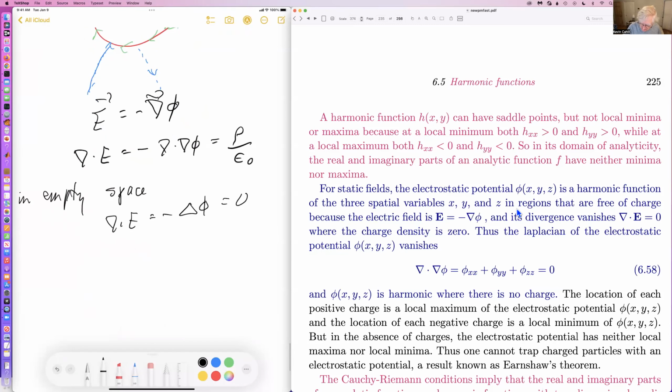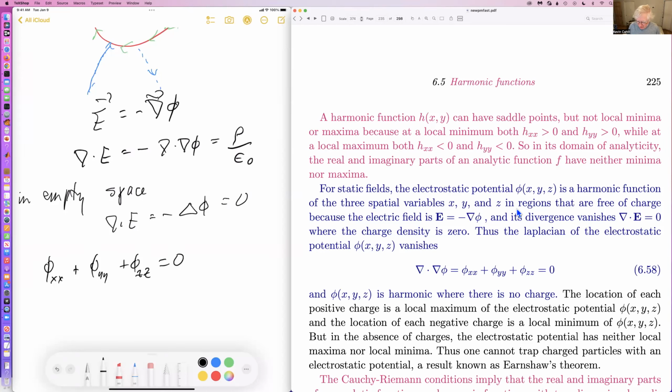So that means that phi xx plus phi yy plus phi zz equals 0 in empty space for static fields. And what that means is that an electrostatic potential has no minimum and no maximum.